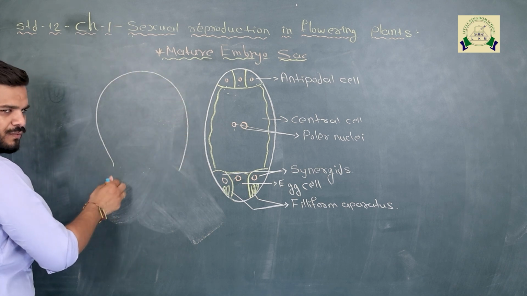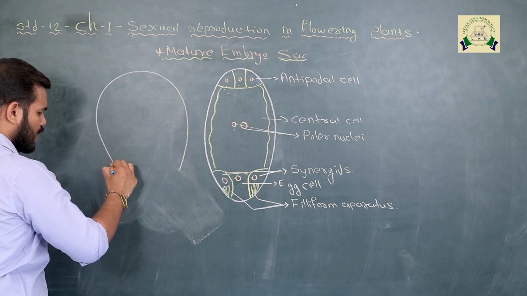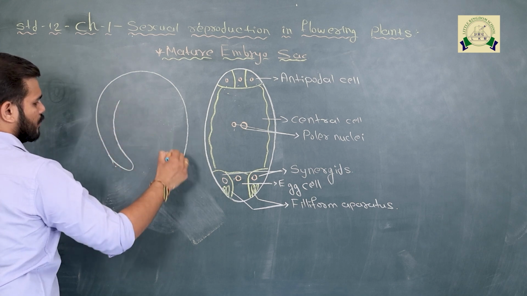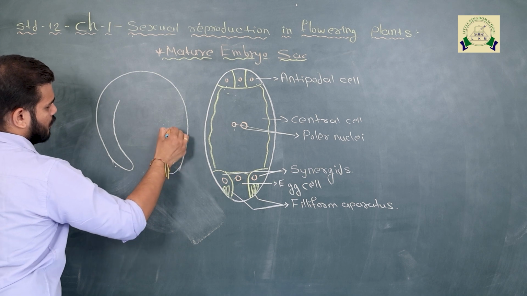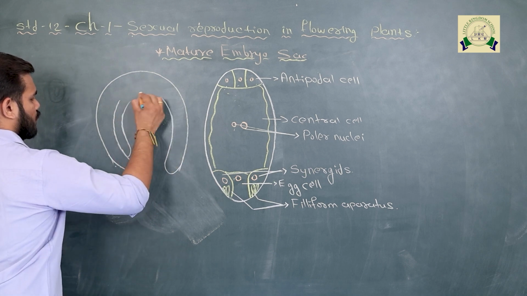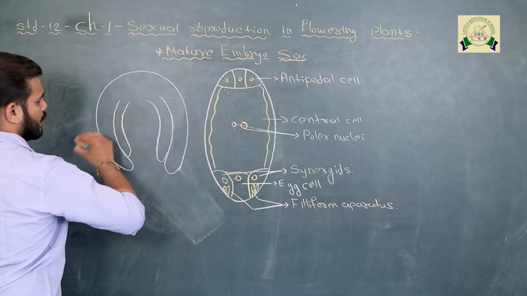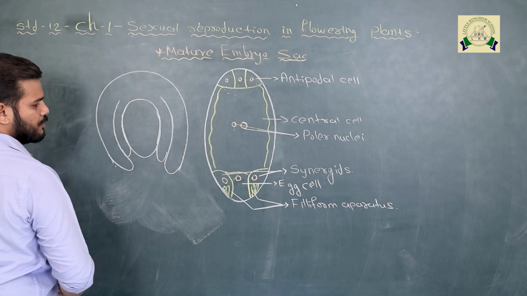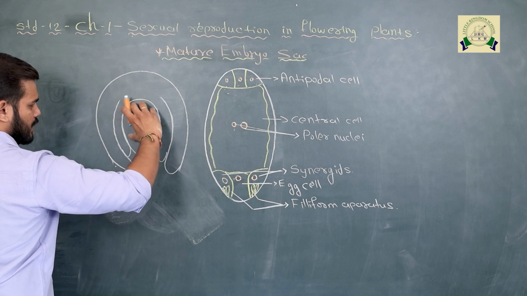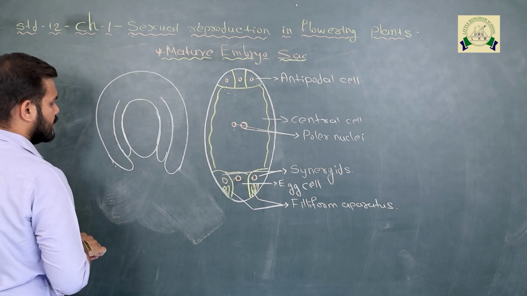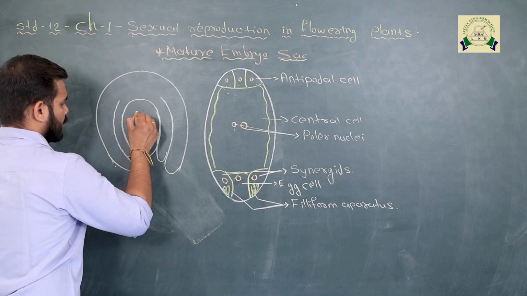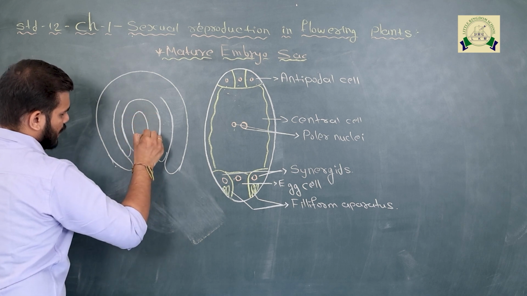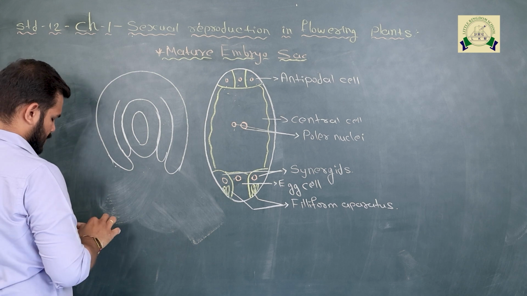No need to draw the funicle and hilum. I am drawing only the body of ovule. See, in this portion the nucellus is present, and in the center, that means here, embryo sac is present.